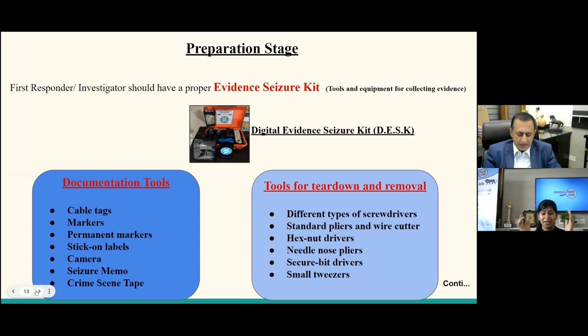If the system is on and something is going on, look at the system, observe it, and make a note of what appears on it. For example, any ongoing program, procedure, or task, whatever is visible to you when you visit a crime scene. Make a note of it, because this will give you the exact idea about what was going on before you reached the crime scene.